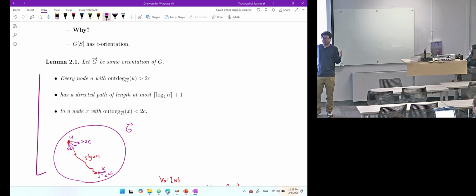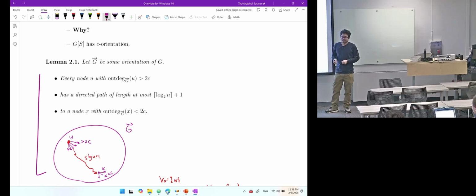But now when I insert an edge, let's say I orient the edge in some way, I don't care. But when I orient this newly inserted edge, maybe now some node has increased its out degree. The out degree of that node can now be 2C plus 1 because I just inserted one edge.